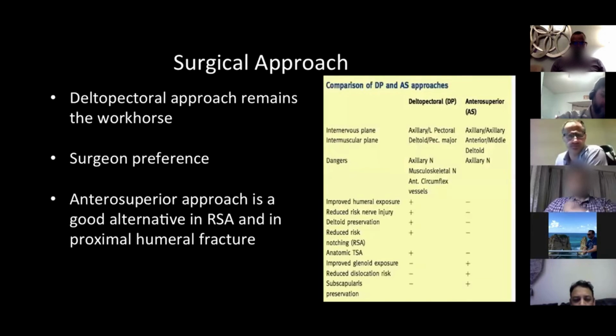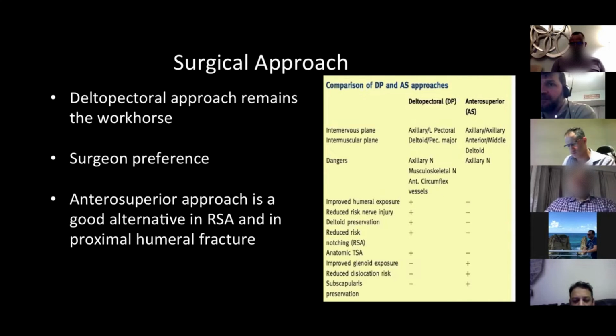Coming on to the approaches in shoulder arthroplasty, deltopectoral approach remains the gold standard utility approach in shoulder arthroplasty. Scapular sparing antero-superior approach is a good alternative in reverse shoulder arthroplasty in the setting of rotator cuff arthropathy, as supraspinatus tendon is absent in this condition.